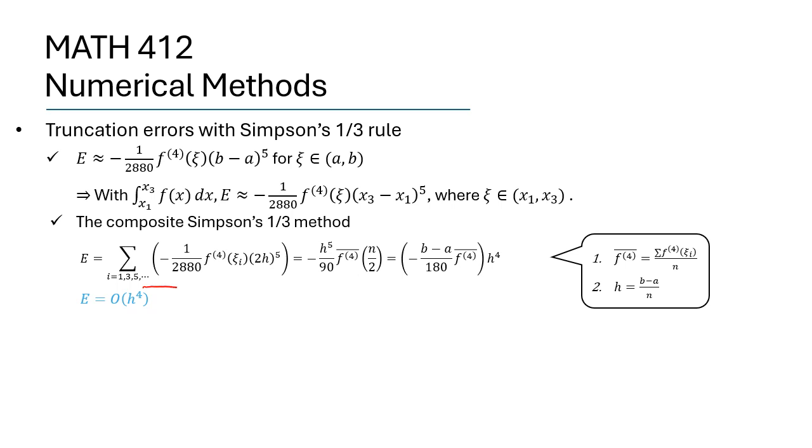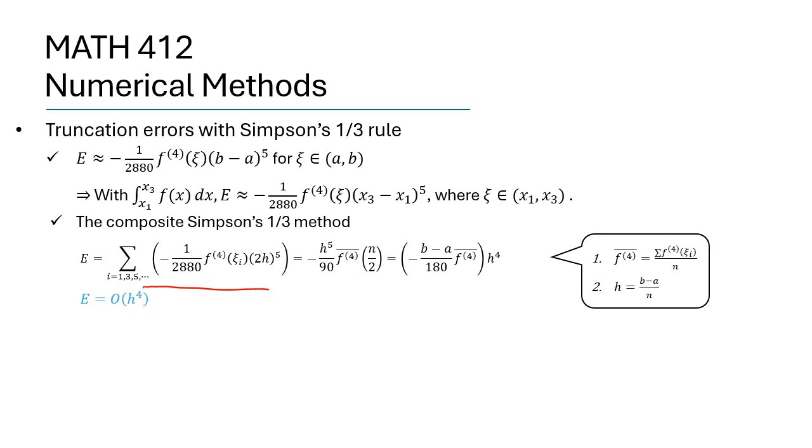You just find their sum, and we use f bar to denote the average value of the fourth order derivative of f at those points.